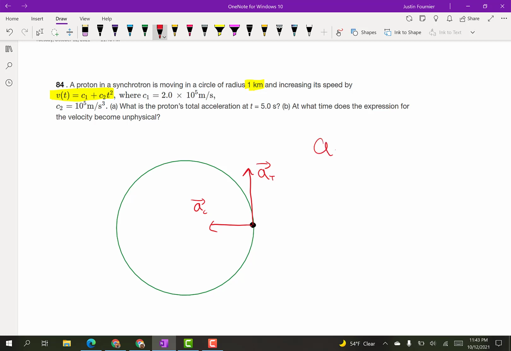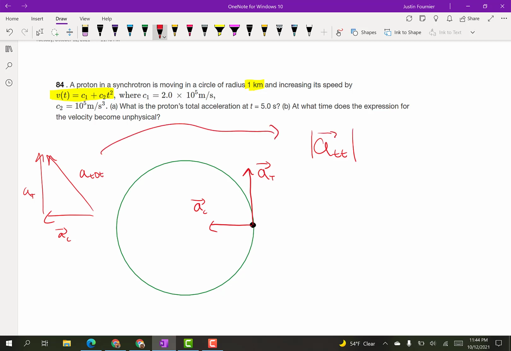And then the total acceleration, using Pythagorean theorem, because I could add up these two vectors, centripetal plus tangential, the total acceleration would be pointing this way, and then I can use Pythagorean theorem to find out the magnitude of that total acceleration. I could write this two ways.